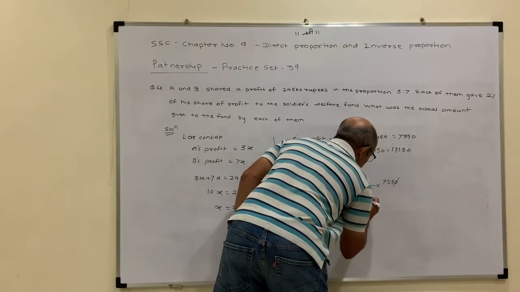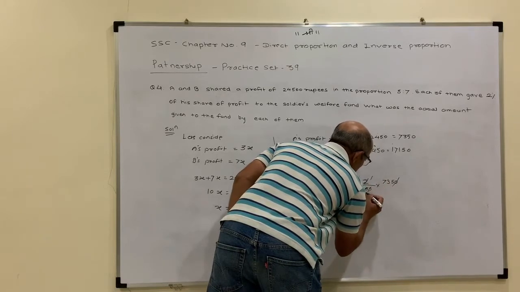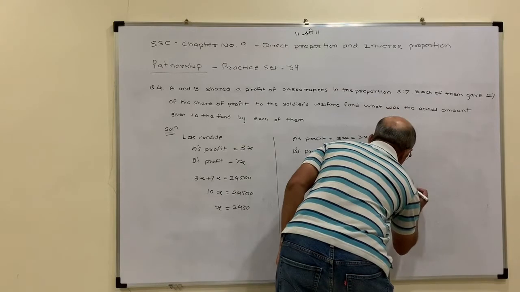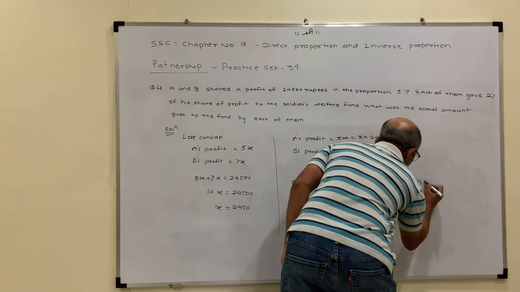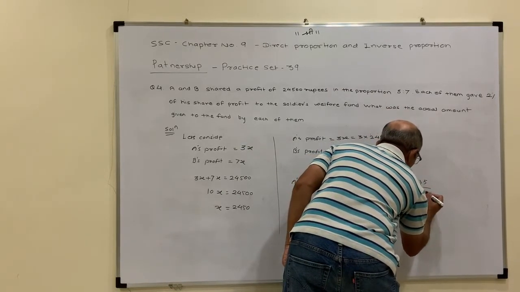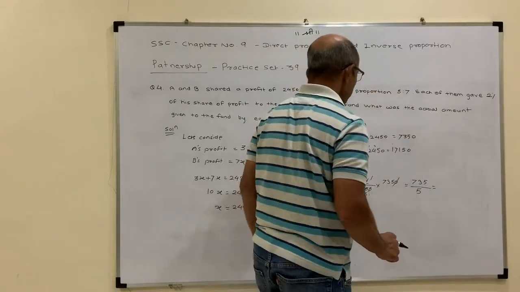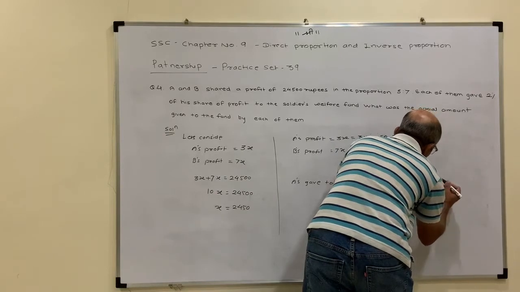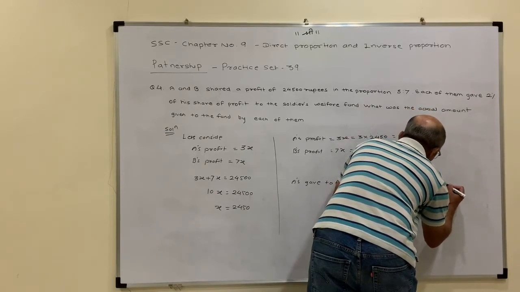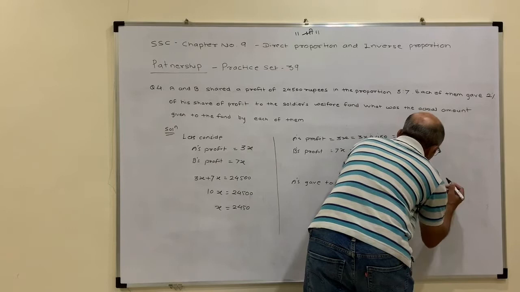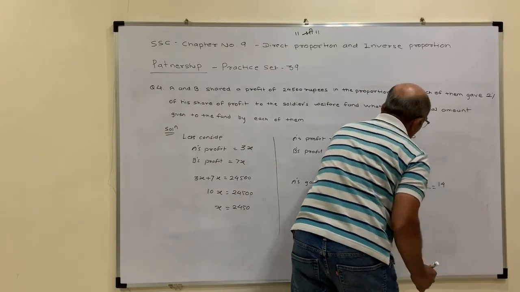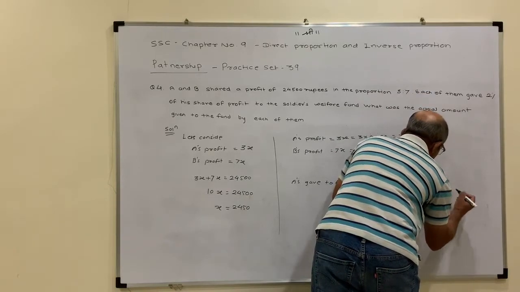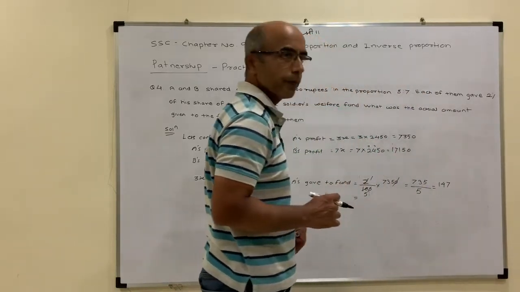So I take this, 2 ones are 2, 2 fives are 10, so it comes out to be 735 divided by 5, that equals 5 ones are 5, then 5 ones are 5, then 5 fours are 20, and then 5 sevens are 35.